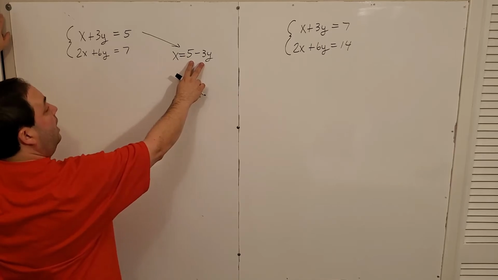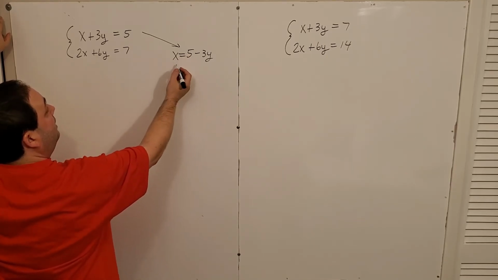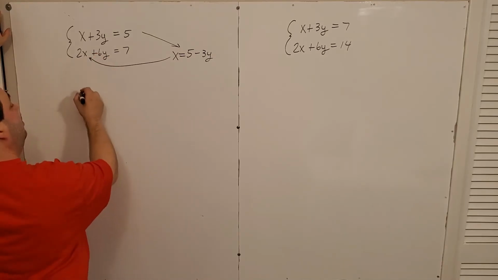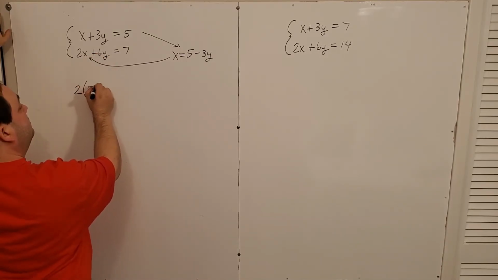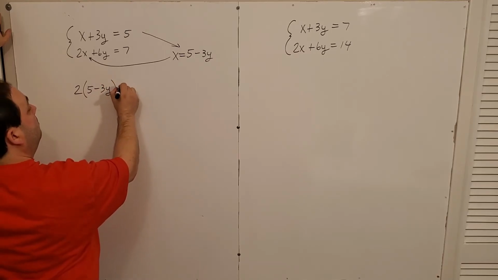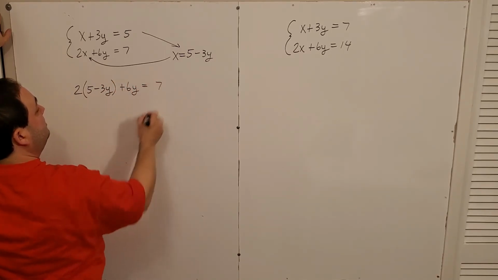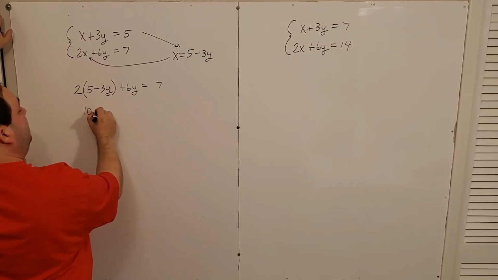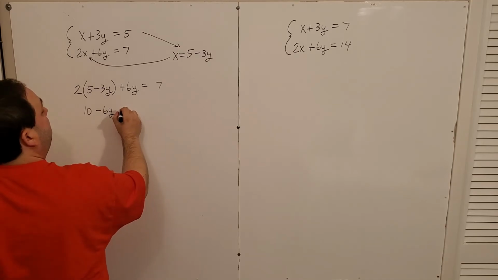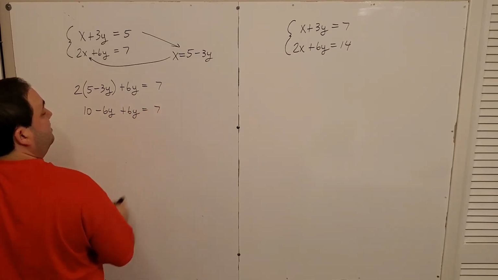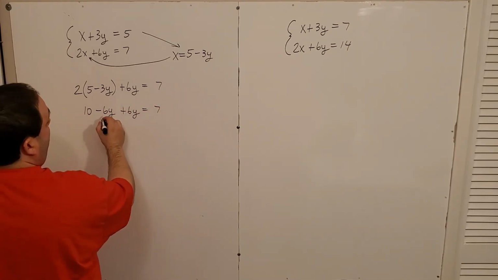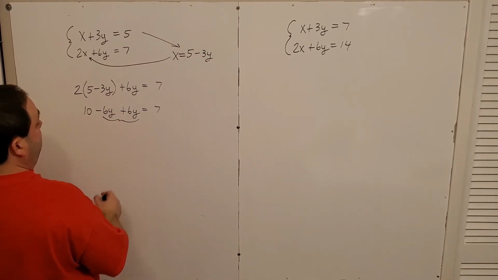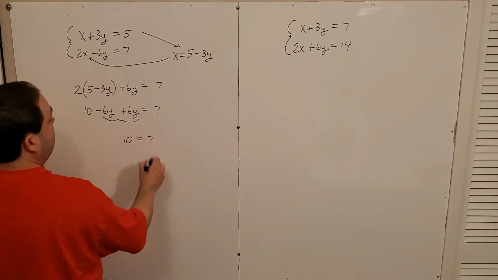From here, I'm going to take the 5 minus 3y and plug it back in for x. That's going to lead me to 2 times (5 minus 3y) plus 6y is equal to 7. When I distribute the 2, I'll have 10 minus 6y plus 6y equals 7. And you'll notice right away the negative 6y plus 6y will zero out. So I'm left with 10 equals 7.